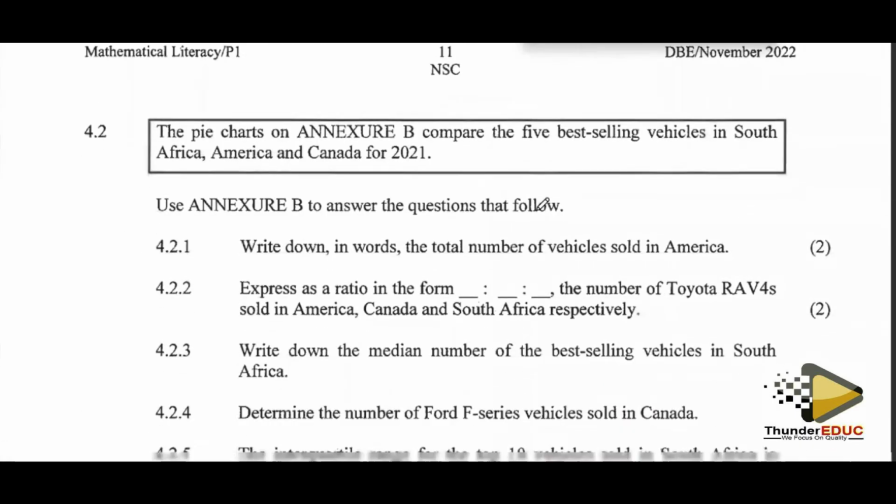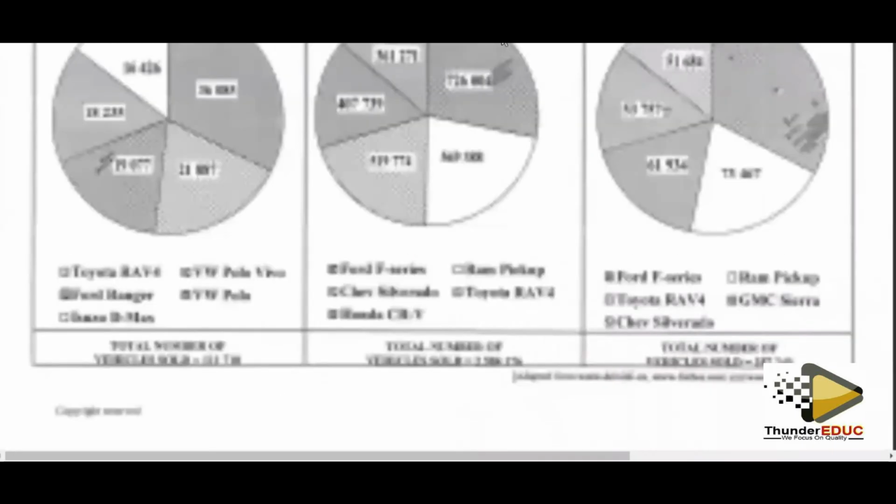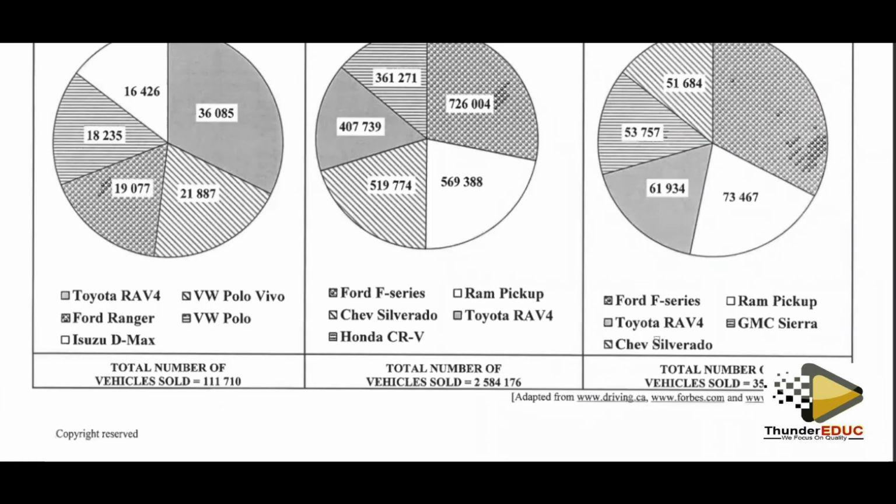All right, question number 4.2. We go back to the next year. Next year B. Compare the 5 best-selling vehicles in South Africa, America, and Canada in 2021. Write down in words the total number of vehicles sold in America. Let's go to the next year. Now we're supposed to write this in words.